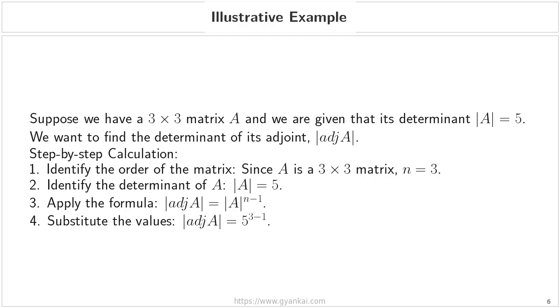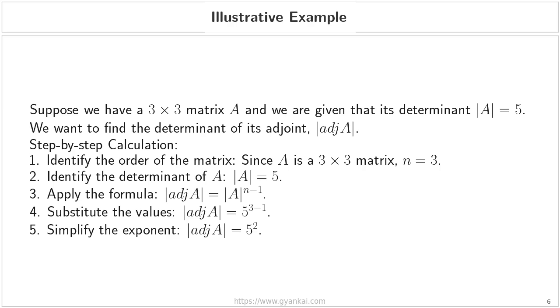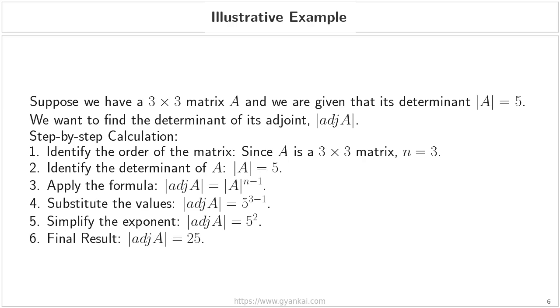Fourth, we substitute our known values into this formula. This gives us the determinant of adj A equals 5 raised to the power of 3 minus 1. Fifth, we simplify the exponent. 3 minus 1 leaves us with 2, so the expression becomes 5 squared. Finally, we reach our result. 5 squared is 25, so the determinant of the adjoint matrix is 25.